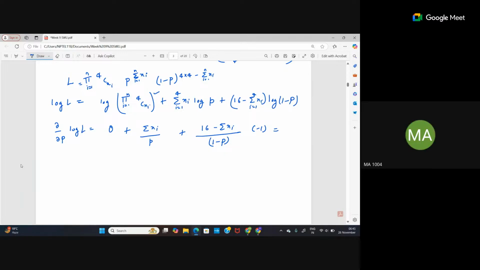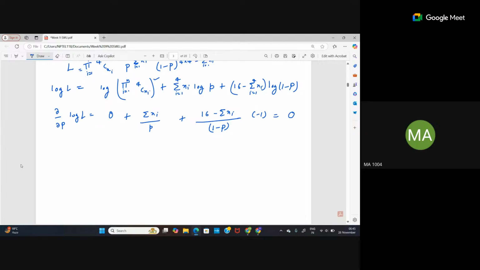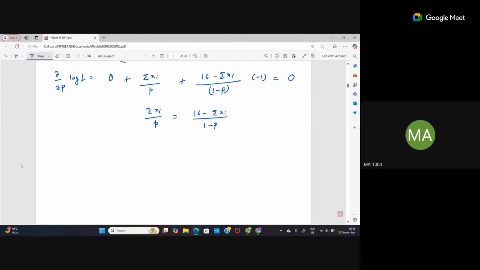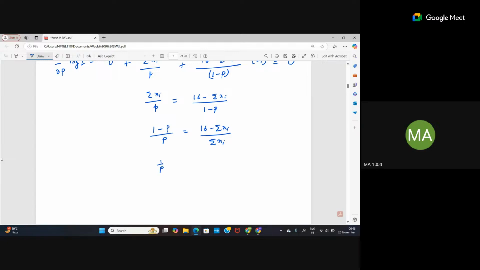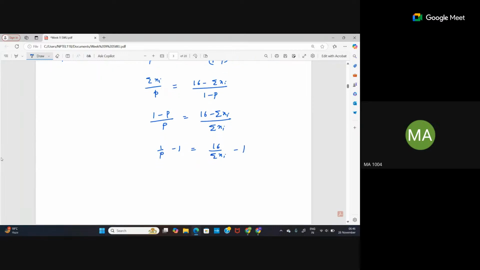Now we have to put it equal to 0. So summation of xi divided by p will be equal to 16 minus summation of xi divided by 1 minus p, right? So you have to simplify it. So it will be 1 upon p minus 1, which is equal to 16 divided by summation of xi minus 1. Minus 1 and minus 1 will be cancelled out.